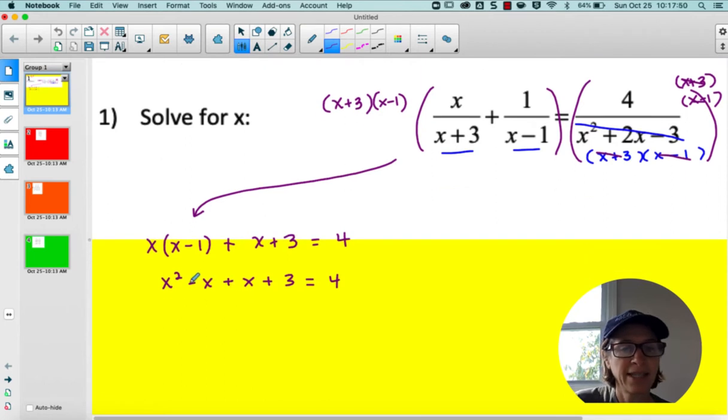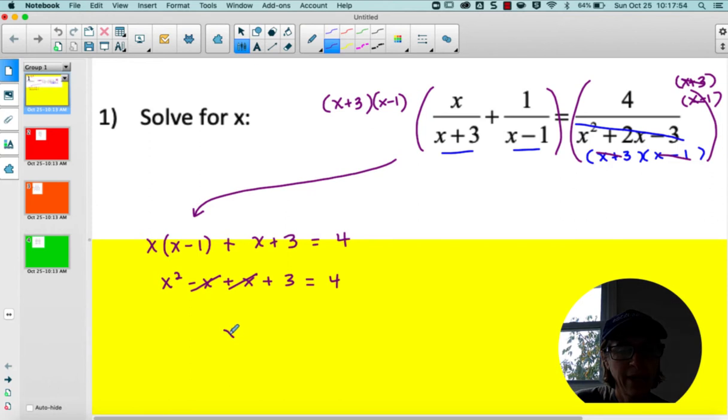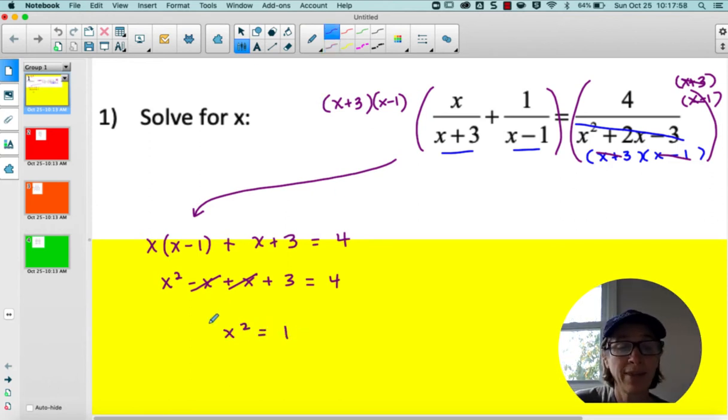And then I can see that these simplify to 0. They're opposites, and so I get x squared equals 1. I can use the square root method here. I can take the square root of both sides, but remember when we do that, we have to consider both the positive and the negative 1, because x squared, if I put in 1, I'll get 1. If I put in -1, I'll get 1.